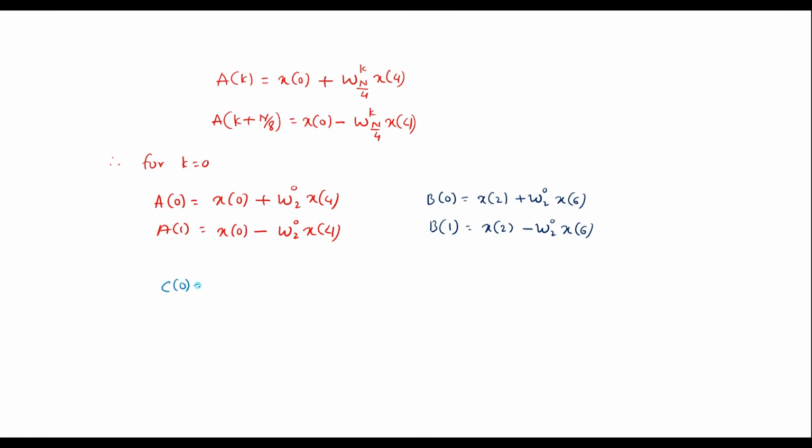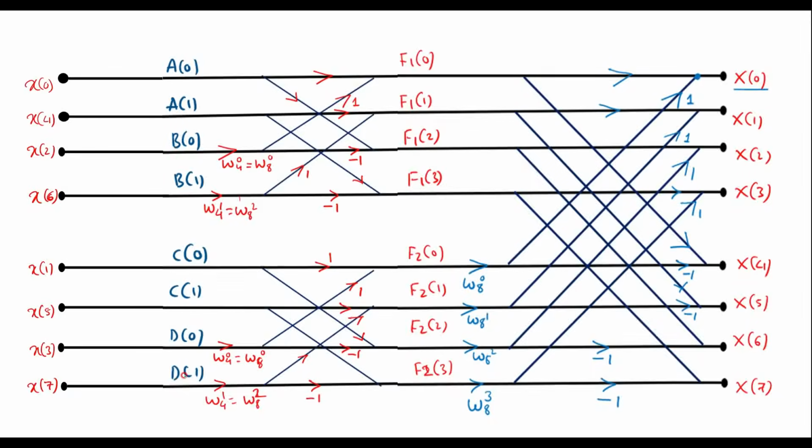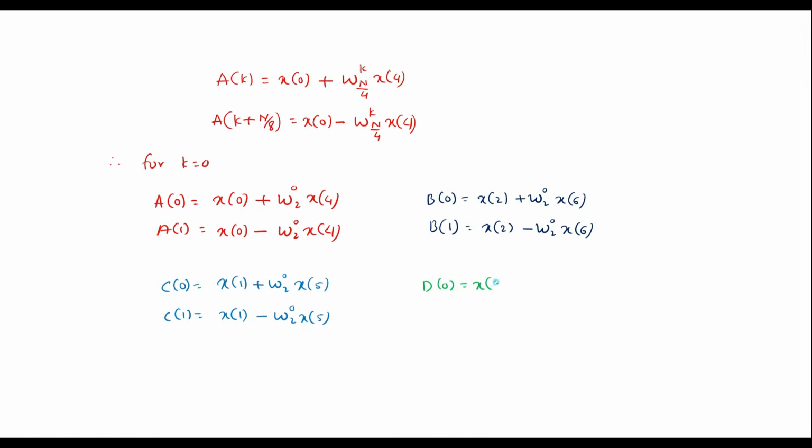We get C of 0 is equal to x of 1 plus w20 x of 5 and C of 1 is equal to x of 1 minus w20 x of 5. Similarly, D of 0 is equal to, the inputs are 3 and 7, x of 3 plus w20 x of 7 and D of 1 is x of 3 minus W20 x of 7.